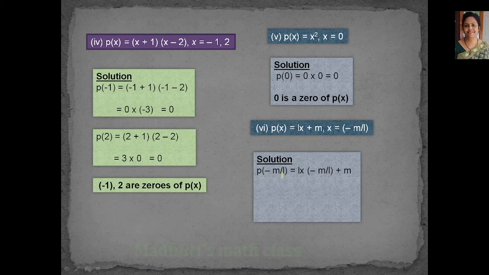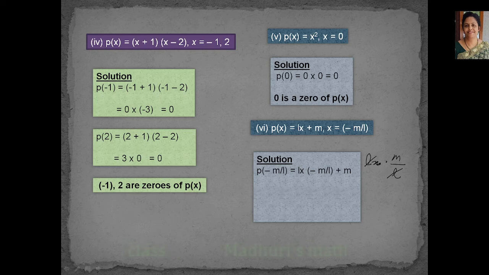P(negative m by l) is equal to l into negative m by l plus m. What is l into m by l? l and l cancel.